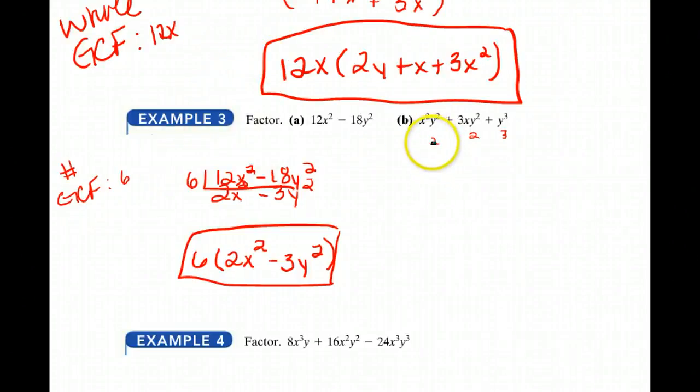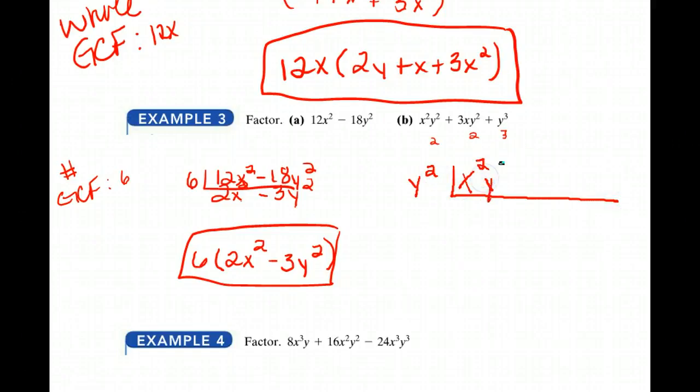If you have 2, you can take 2. But if you don't have 3, you can't take 3. So in other words, you're going to focus on the smallest number of y's that you have, which is 2. So we're going to take out y squared from our expression.